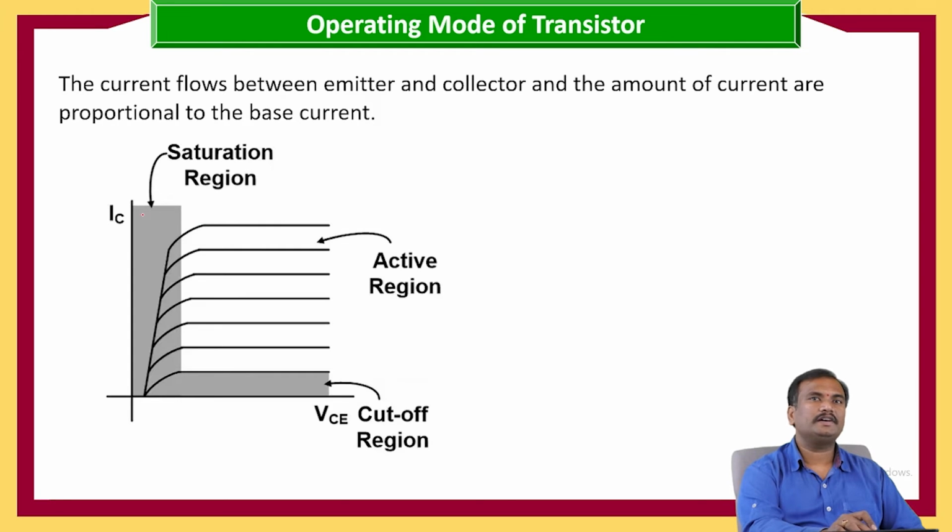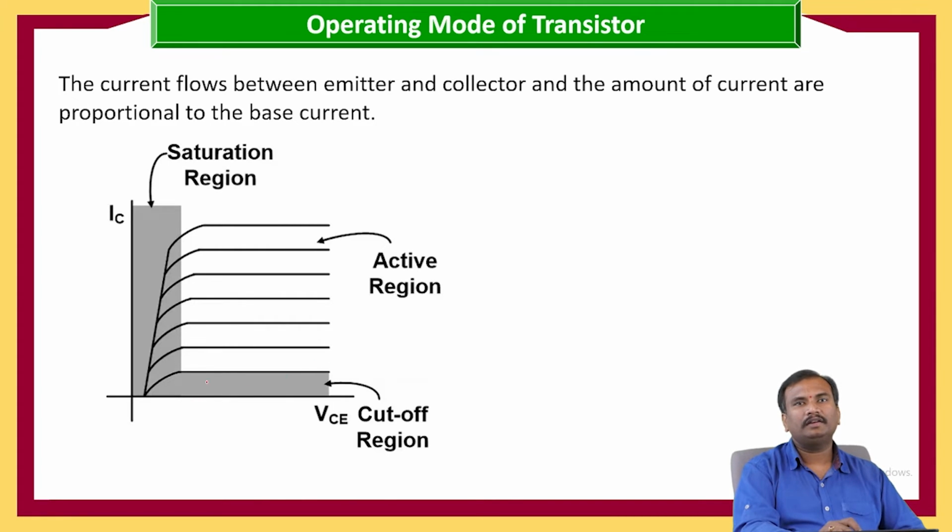Here IC is the collector current which is flowing, and this is the VCE. When we increase the VCE value, up to the point where conduction takes place, the current will increase. Once the conduction takes place, the current value will be constant.